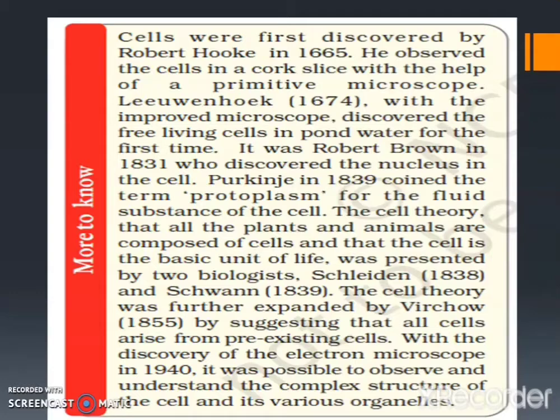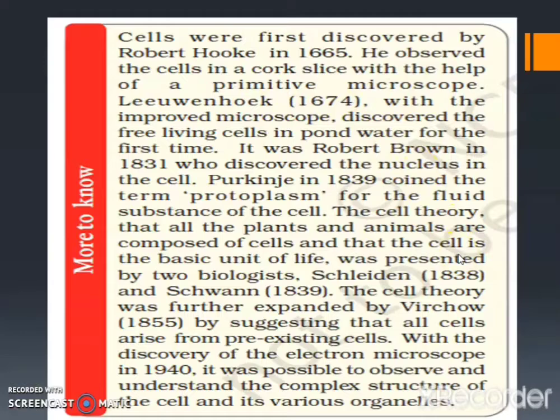All those studies were possible only after 1940, because only after the electron microscope was made, they studied the complex structure of the cell and its various organelles. Okay, so this is a little piece of information. You have to keep these things in your mind. This is a very important part in your biology. It is a history of the cell.